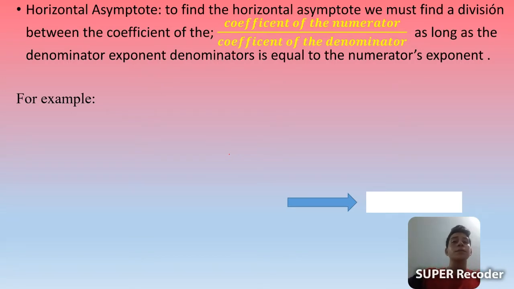Horizontal asymptotes. To find the horizontal asymptote, we must find the division between the coefficient of the numerator and the coefficient of the denominator. For example, f of x equals 2x minus 5 over x minus 3.